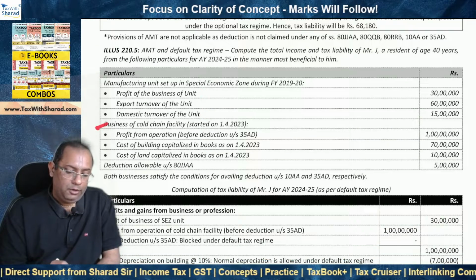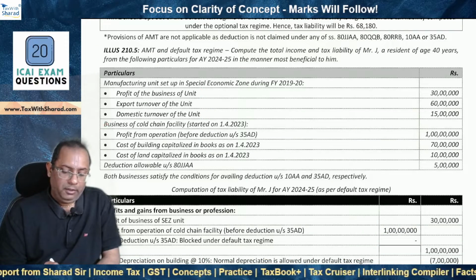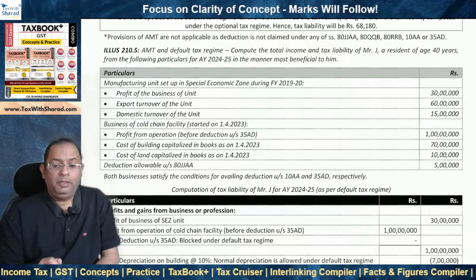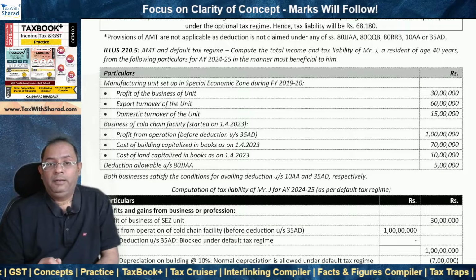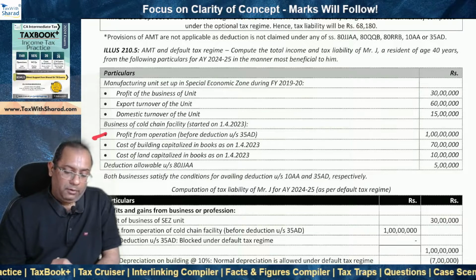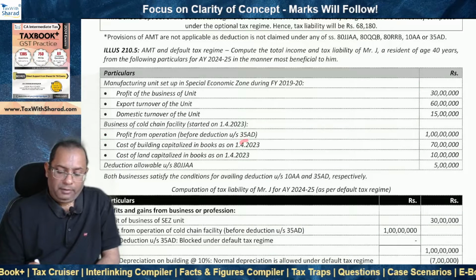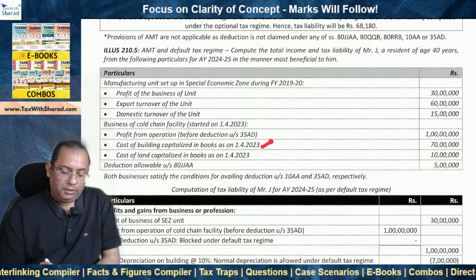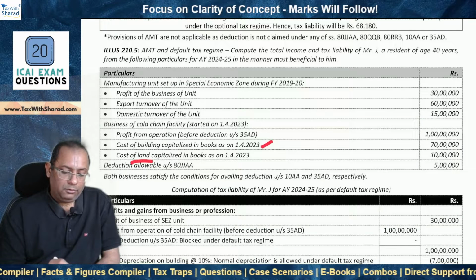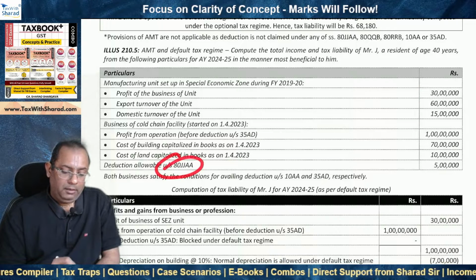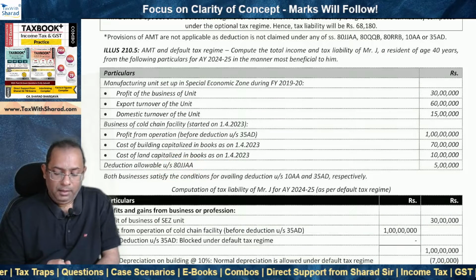Then you have business of cold chain facility started on 1st April 2023. Now, the moment you look at cold chain facility, you should be able to figure out that 35 AD deduction is available. Profits from operation before deduction under 35 AD, cost of building capitalized in books as on 1st April 2023, cost of land which is capitalized in books as on this date, and then deduction allowable under 80JJAA.